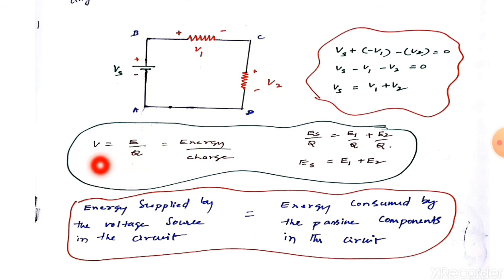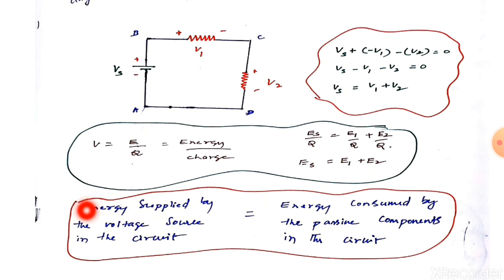Or we can write voltage as energy by charge. So we can write Vs as Es by Q, V1 as E1 by Q, and V2 as E2 by Q. Therefore, Es by Q is equal to E1 by Q plus E2 by Q. Therefore, Es equals E1 plus E2.